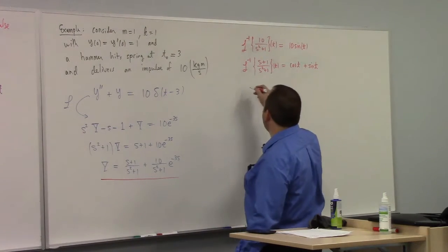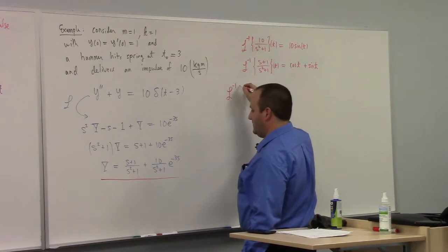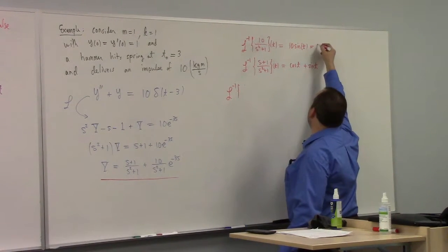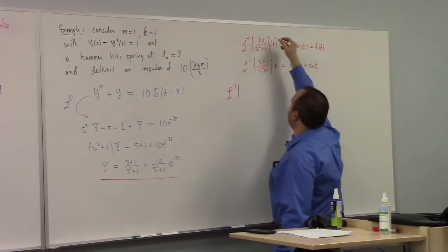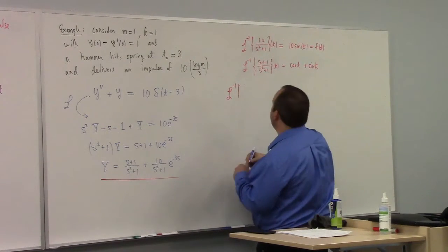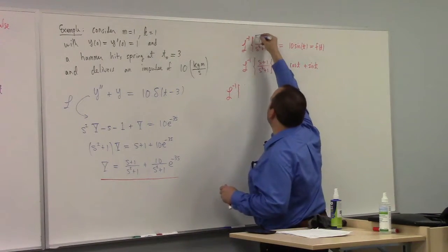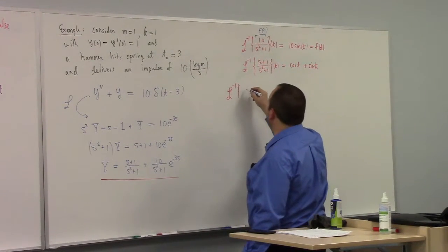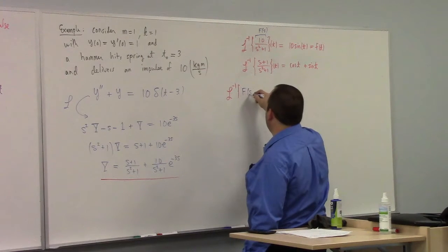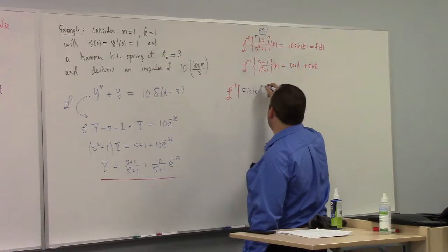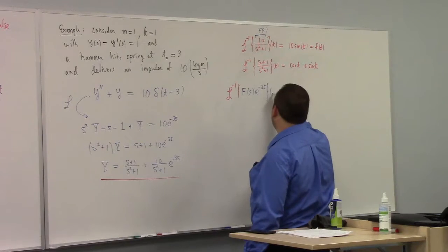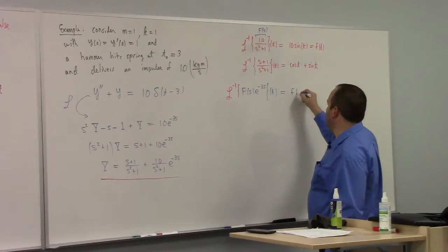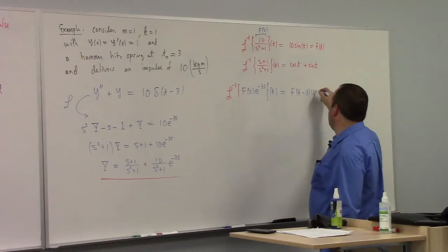But when we calculate the inverse Laplace transform of, let me call this thing little f of t, and this thing big F of s, because I want to use a theorem. So we have big F of s times e to the minus 3s. How does that inverse Laplace transform go? Remember, what we do is f of t minus 3 times u of t minus 3.